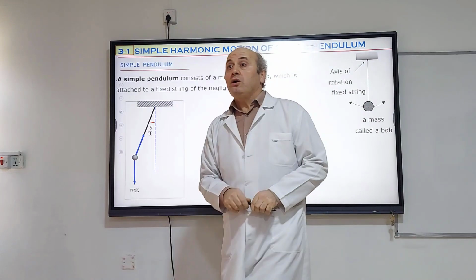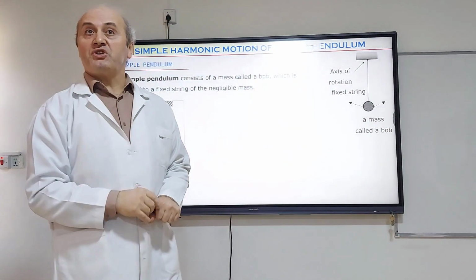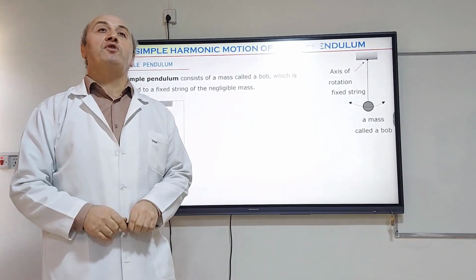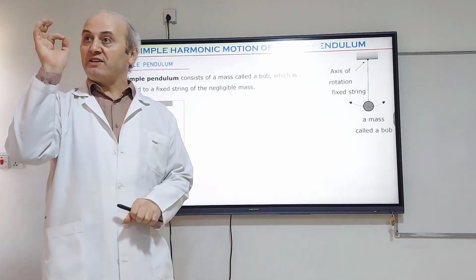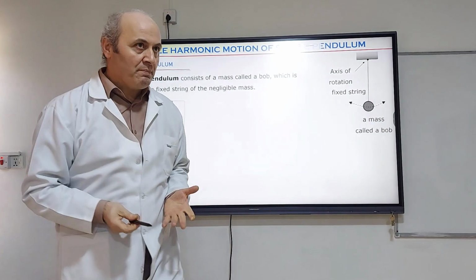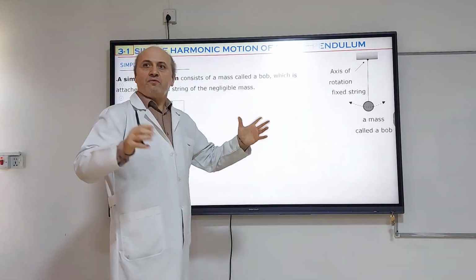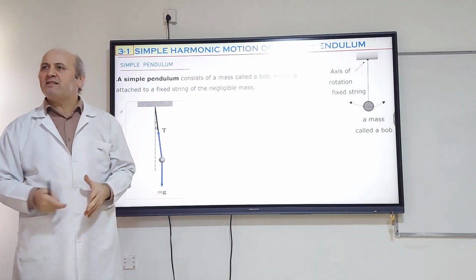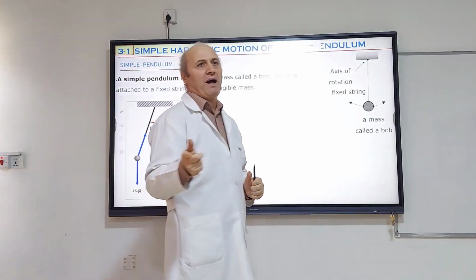But to name a vibration simple harmonic, we should check for restoring force. If there's a restoring force, then I will say that this vibration is simple harmonic. So first let's define what a simple pendulum is. As I said, a simple pendulum is the opposite of a physical pendulum.